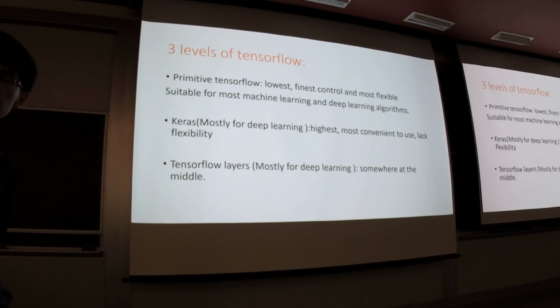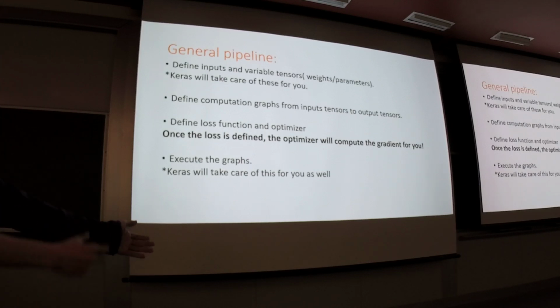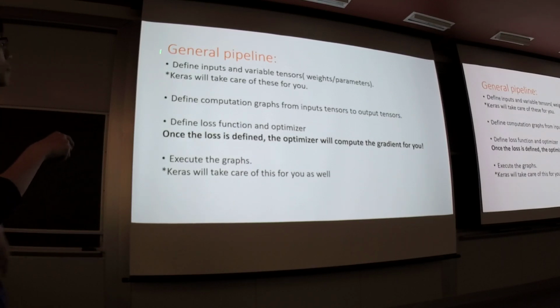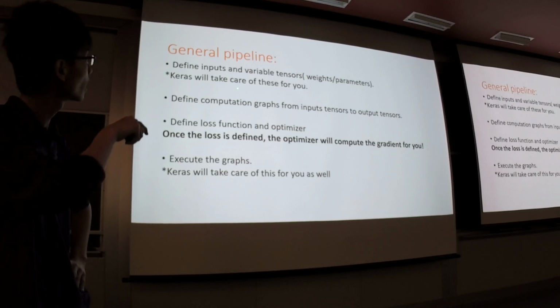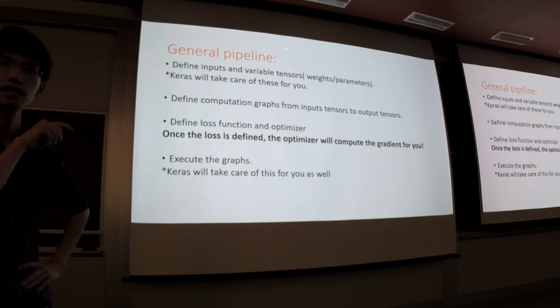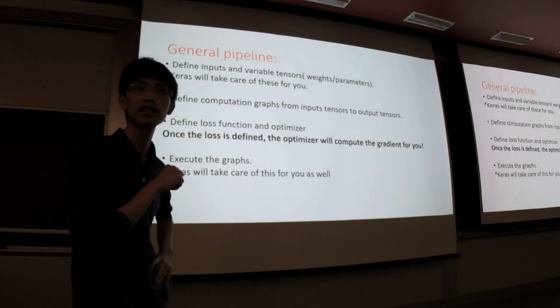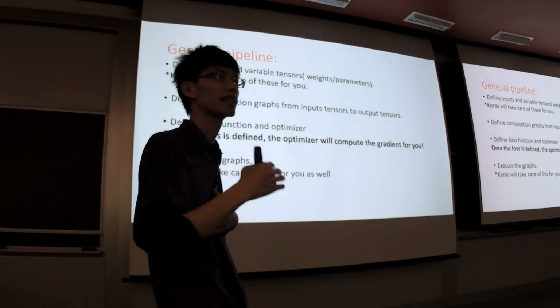Although they have 3 different levels of TensorFlow, our working pipeline is the same. First, you define your input and the variable. Variable here specifically means the weights and the parameters. In our linear model, our input will be the data point, right? The data feature and their label.